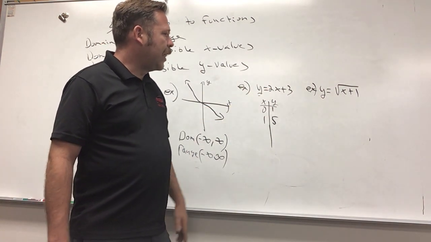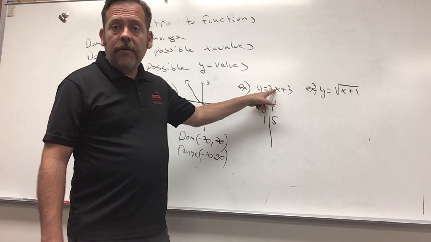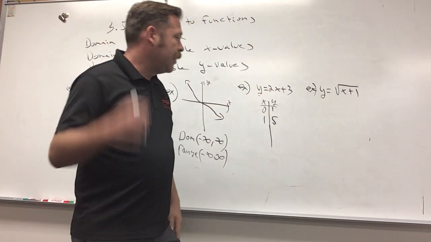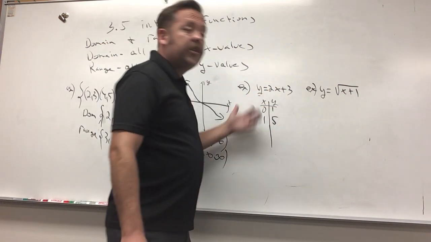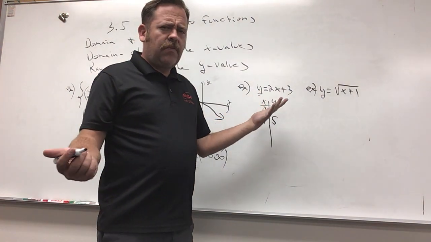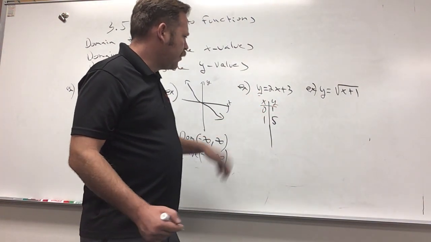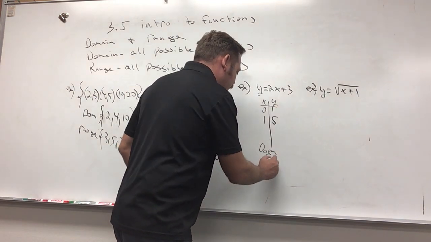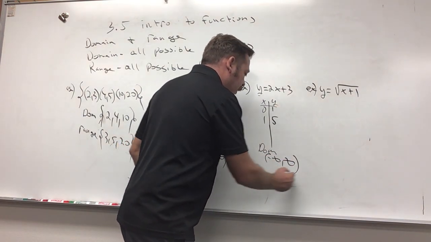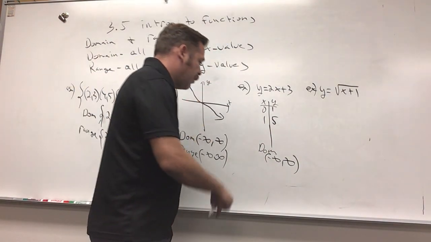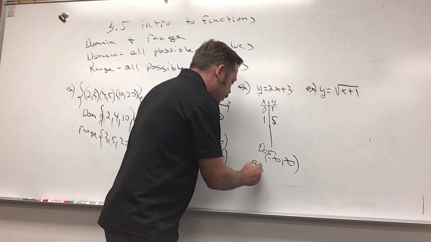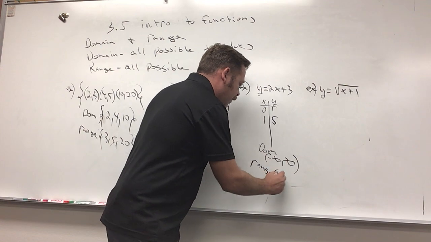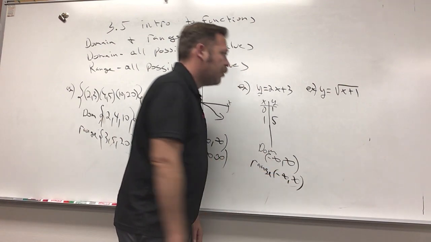So theoretically, I could put in negative infinity, or positive infinity. This is a line, it's just in equation form, and it's still a set of points, right? So it's a function, and the domain for this one is negative infinity to infinity, and the range goes down forever, up forever. The range is negative infinity to infinity also.